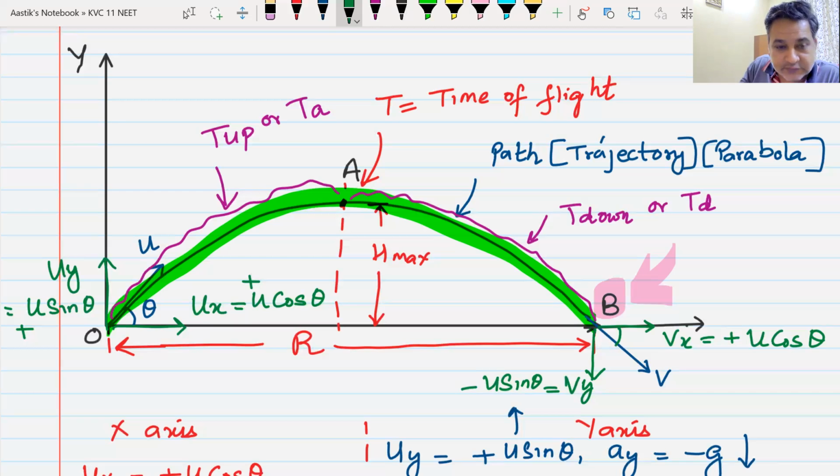What is the answer? And this angle is also the same angle, theta, beta.